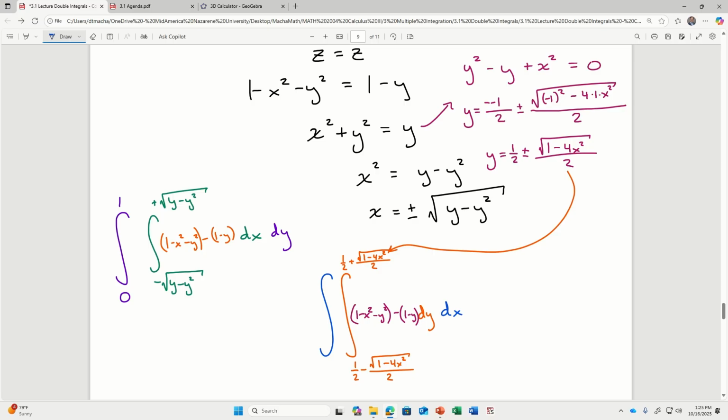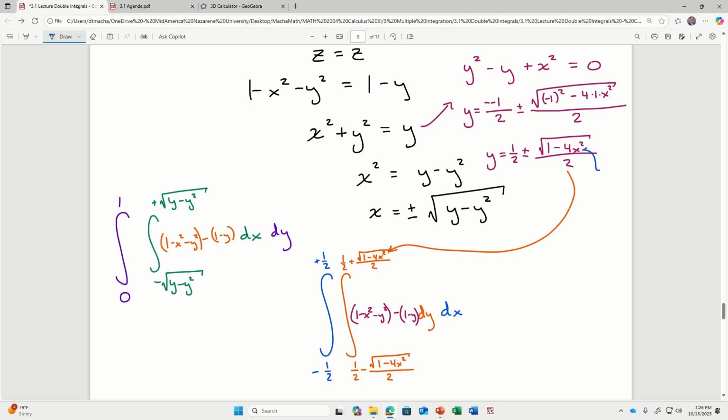Basically, x squared can't be larger than 1/4. So x can't be larger than 1/2. And it can't be less than negative half. So my bounds on x are going from negative half to positive half.